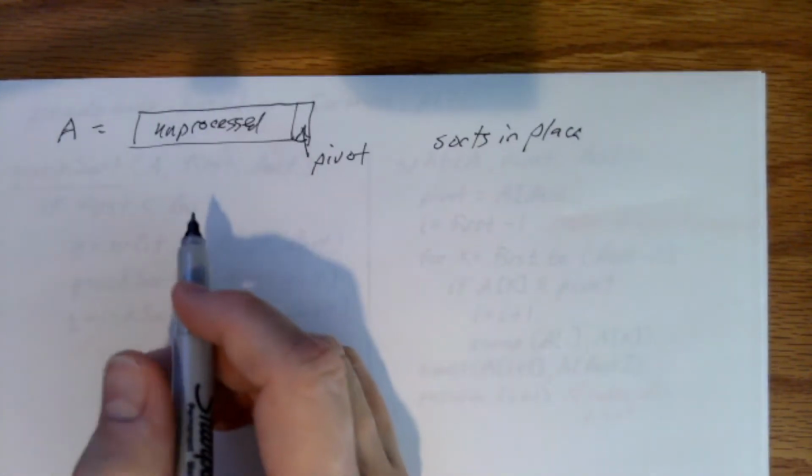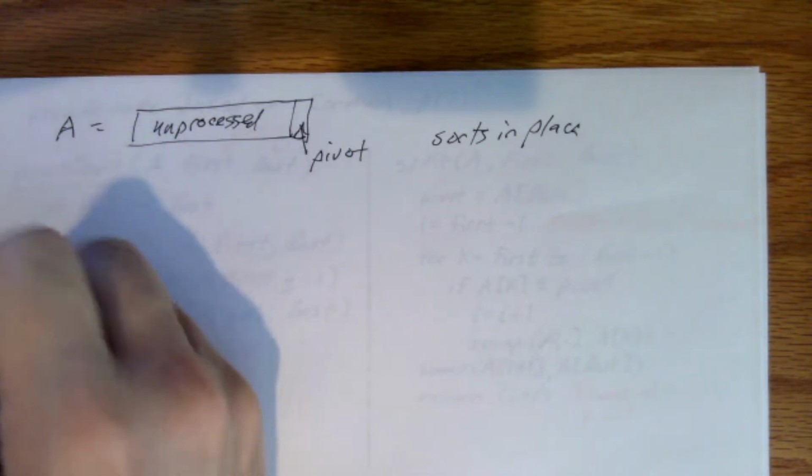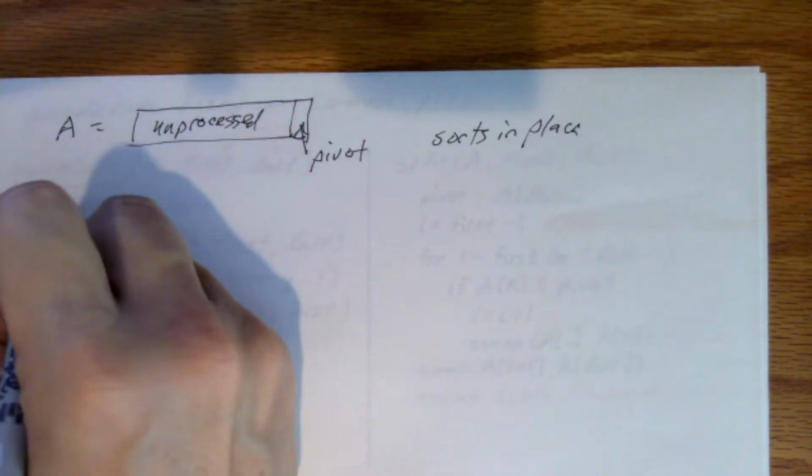And then as we work through, we're not having separate storage, even though I'm going to write it as if it looks like separate storage. Within the array, we're going to treat parts of it as different parts. We're going to have the part of the elements that are less than or equal to the pivot.